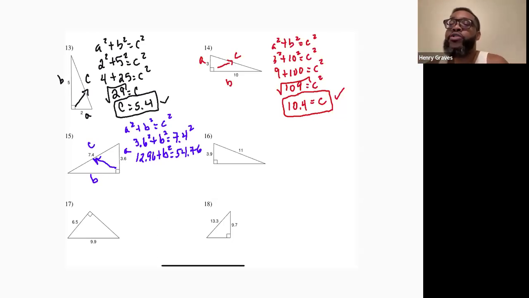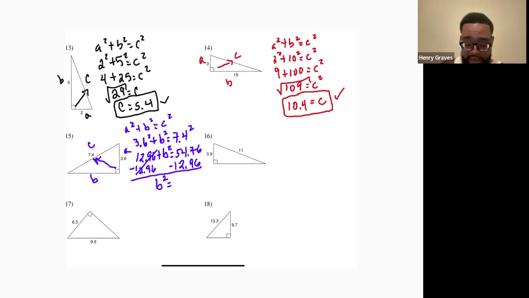I'm actually going to subtract A from C. So I'm going to subtract 12.96 on both sides. So whenever I'm trying to find the leg, I'm actually going to end up subtracting the leg A or B from the hypotenuse, which is the C. So I'm going to use my calculator and do 54.76 minus 12.96, which is 41.8.